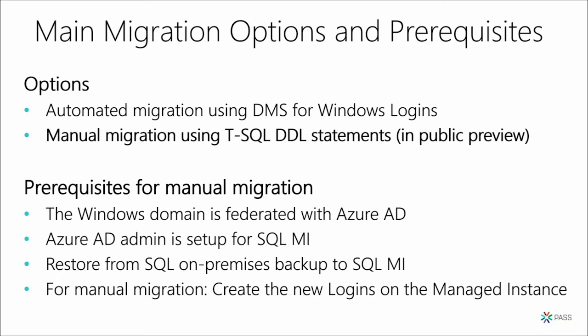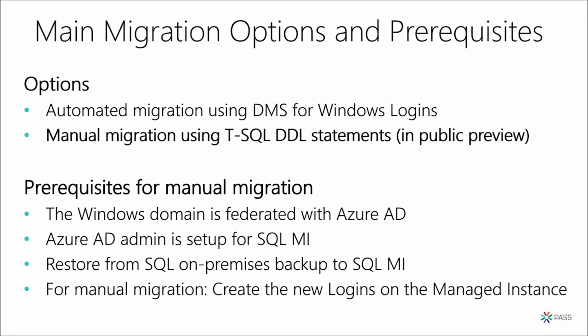Then there's a restore process. My colleagues from Serbia, Mladen and Jovan, had a whole session on how to do a restore based on the backup restore. So you back up the on-prem part of the database, and then you restore it on managed instance. That's a known technology, well documented.